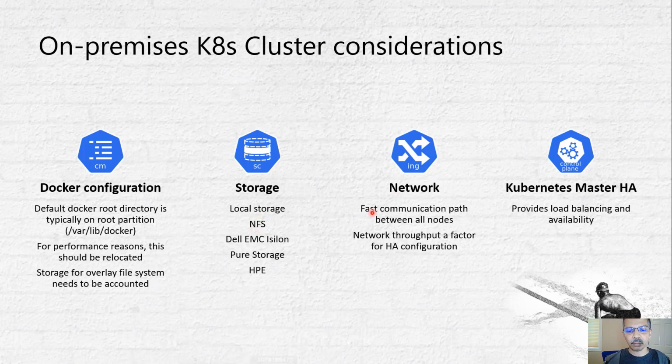For highly available configuration, make sure that you have efficient communication between the nodes, use those fast communication paths, and use the load balancing capabilities of high availability that Kubernetes provides. Now, Azure Arc has 2 tiers.